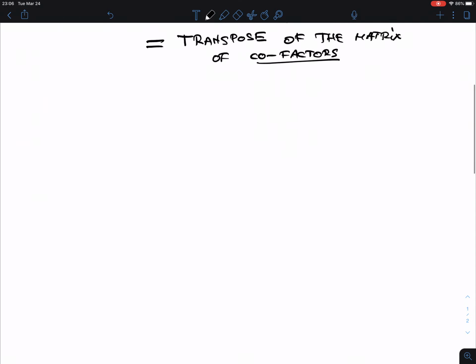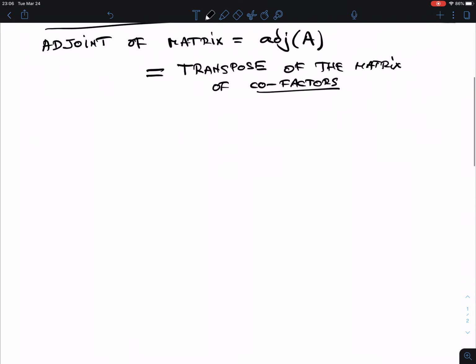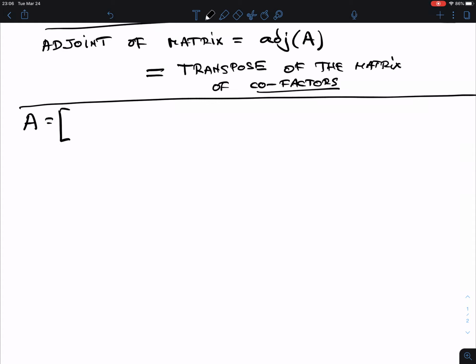Okay, so the way to explain this is best to work on an example. And so the matrix that I'm going to work with is an example from the book, so you can double check your work later. 6, 3, 2, minus 4, 0. So what are these cofactors?